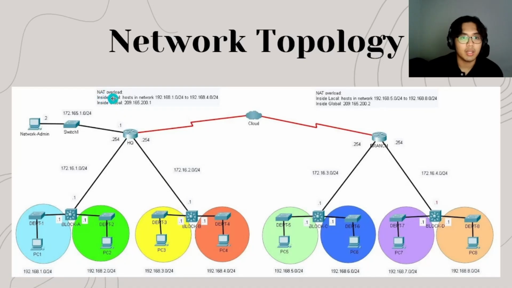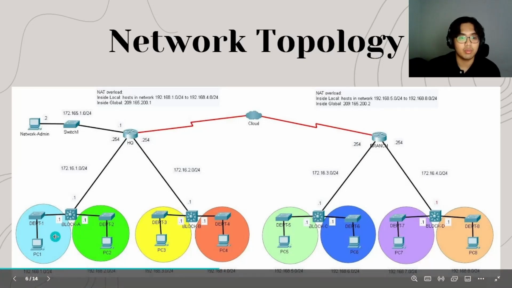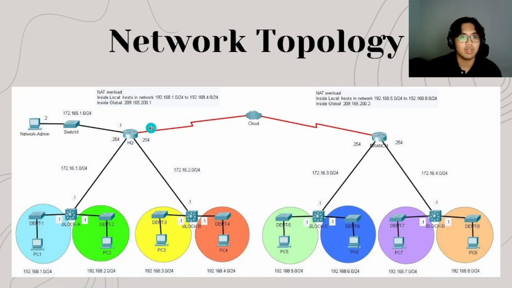We are applying NAT overload on each router to translate the private network to the public network. Here is our private IP network, and by using NAT overload we can translate to the outside network, which is the public network. We get this public IP.